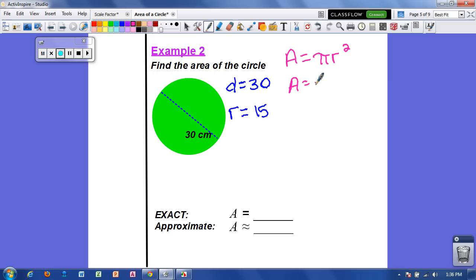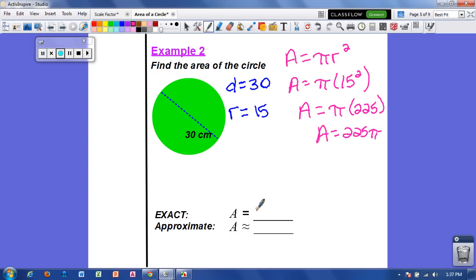So the area equals pi times our radius, which is 15, and we want to have 15 squared. Alright, so that's going to be pi, and then 15 squared is 225, and then we would simply write that as 225 pi. So our exact area is 225 pi centimeters squared.